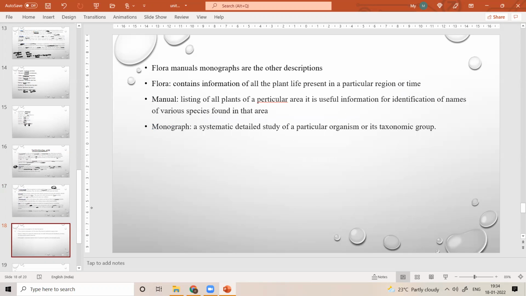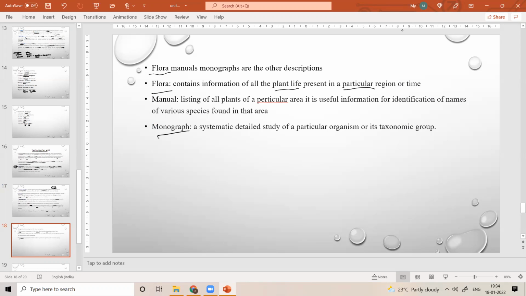And there are other kinds of descriptions as well: flora, manual, and monograph. So these are other kinds of descriptions that are helpful to understand the species and the diversity. They are also helpful to classify organisms. Basically, what is flora? Flora is a kind of book which contains information of all plant life present in a particular region.